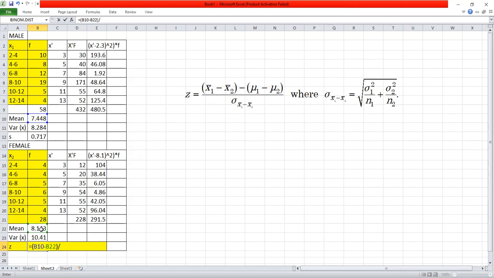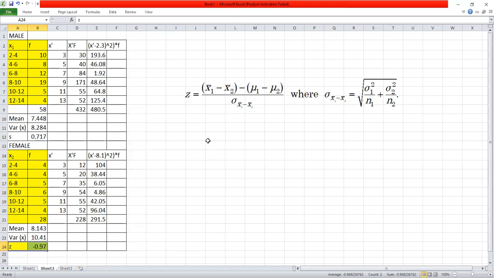Divided by this, which is this one here, 0.718. That is our Z value. The Z we have gotten from the sample data to test the hypothesis that females perform faster than their male counterparts. This is why you collect data: to calculate Z.